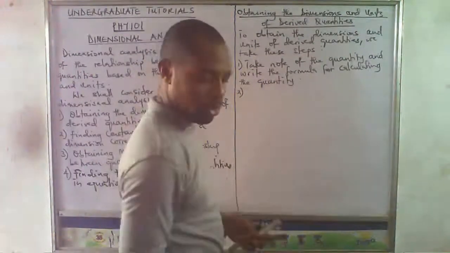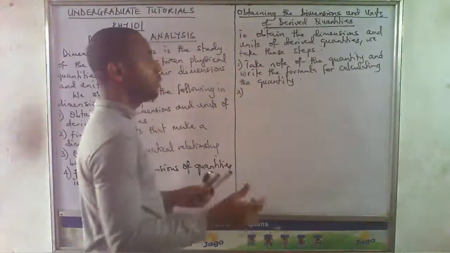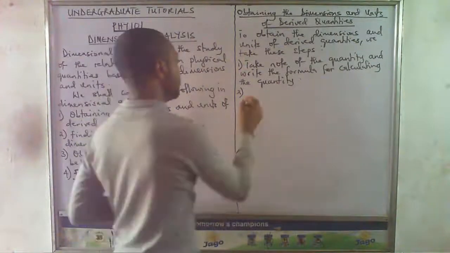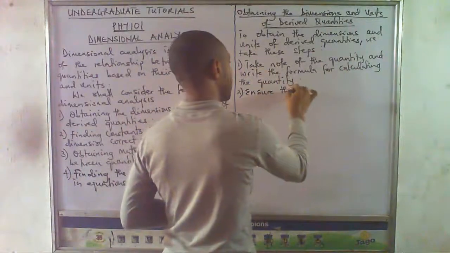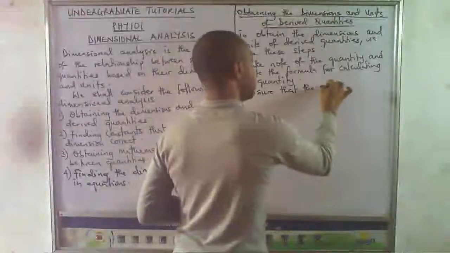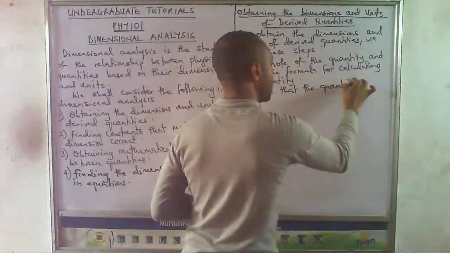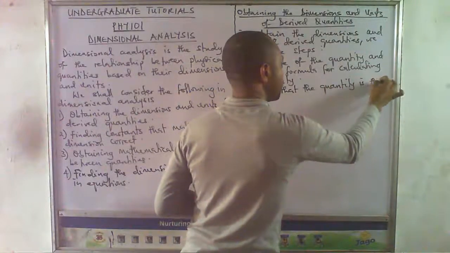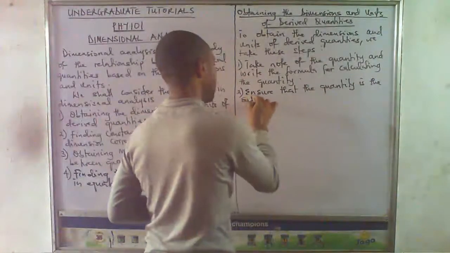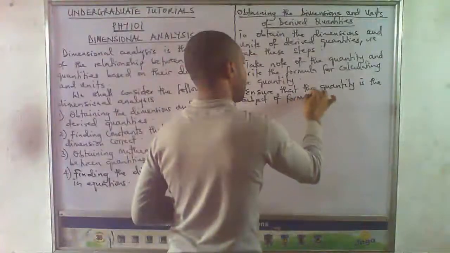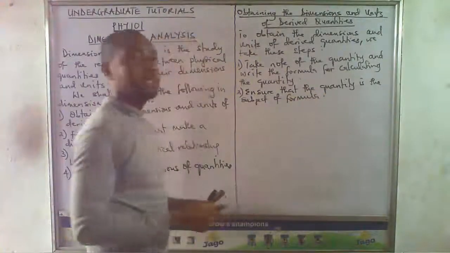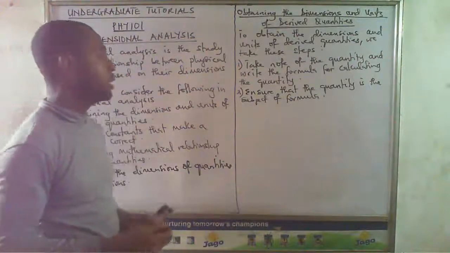That's the first thing we do. We take note of the quantity and write the formula for calculating the quantity. Then 2. Ensure that the quantity is the subject of formula. Ensure that the quantity is the subject of formula.